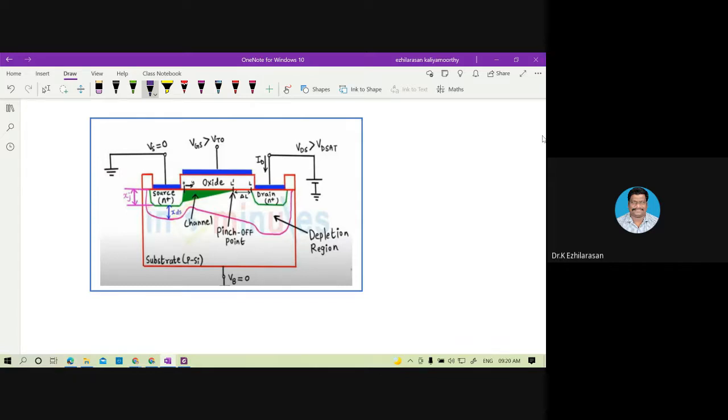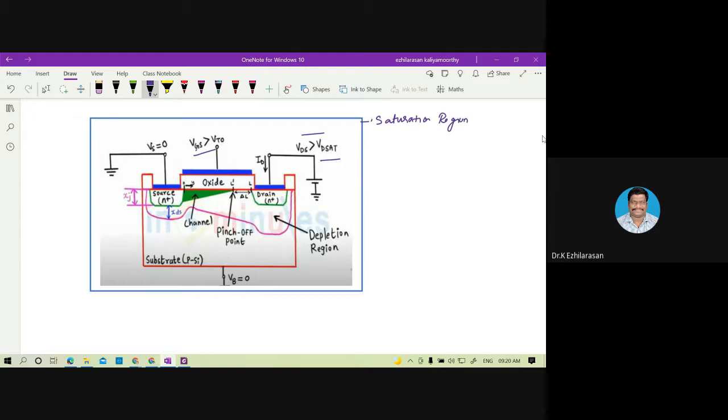In this, all things are shown. Vs, Vb is equal to 0. Then Vgs is greater than Vt naught. The Vds is greater than Vd sat. So this is exactly, which region actually? This is the saturation region.